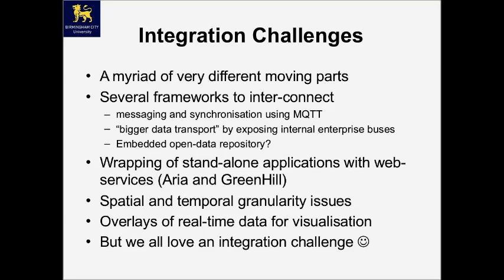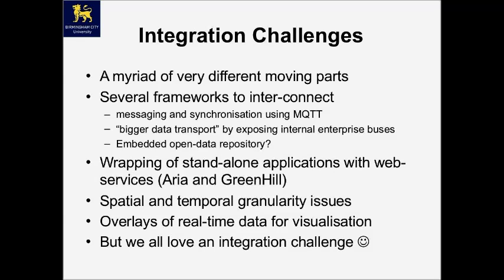Integration challenges, as you might imagine, well, as I said here, it's a myriad of very, very different moving parts. There are several sets of frameworks to interconnect, and some of these modelling frameworks themselves are quite sophisticated, particularly the TNO model, which is a whole variety of modelling tools.